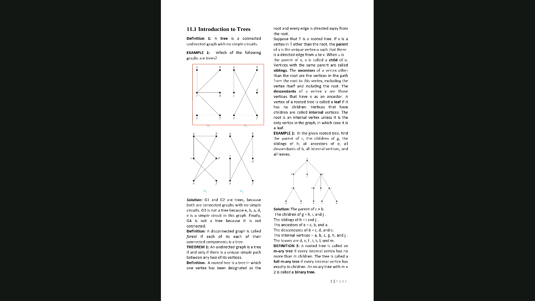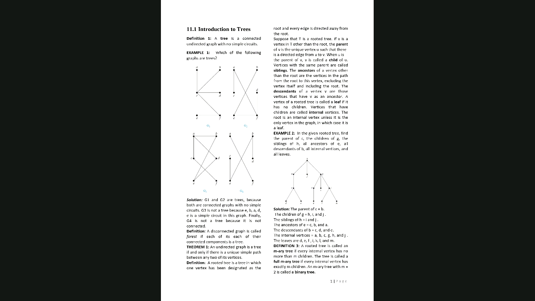If any graph has more than one component and all components are trees, then it is called a forest. So this is the definition of a forest.